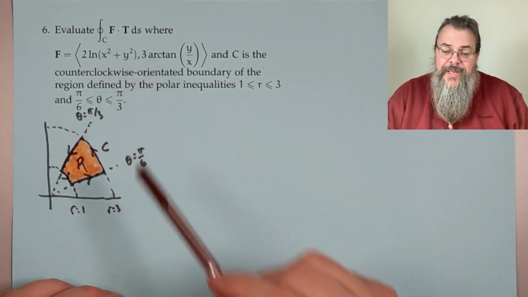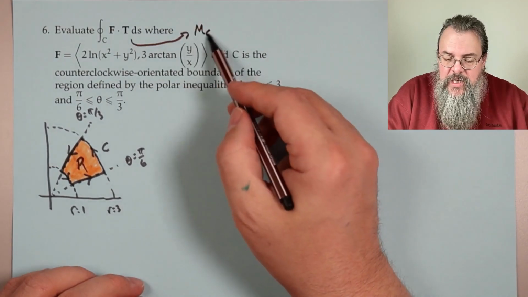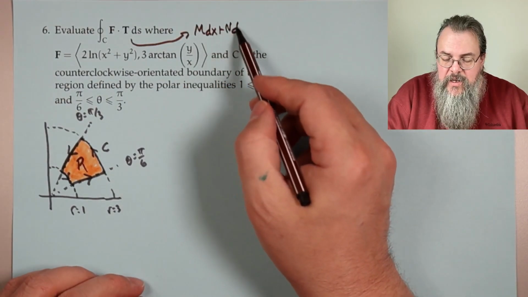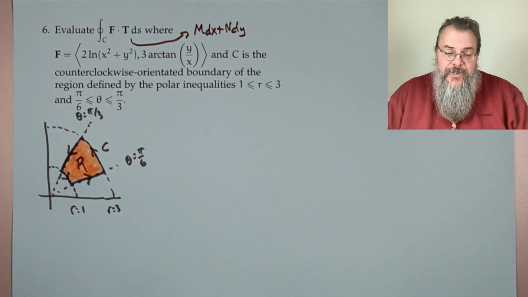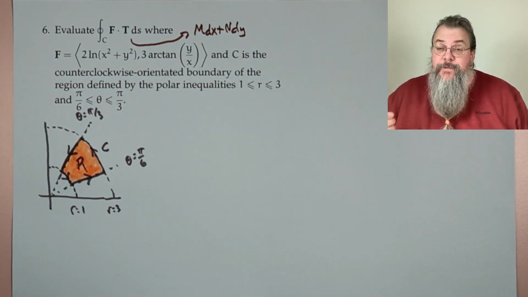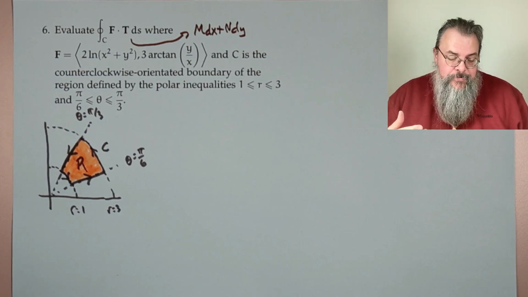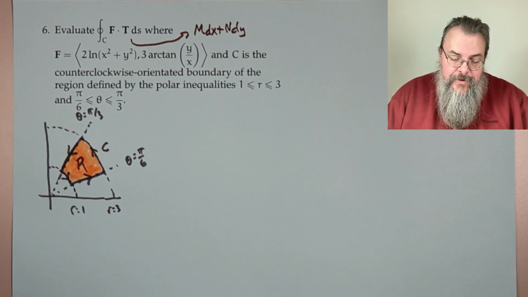And F dot T ds, which is just another way of saying M dx plus N dy. Know the different ways that we may write something down. Lots of different notations exist, and you have to be comfortable switching back and forth and finding the one that's right for you.